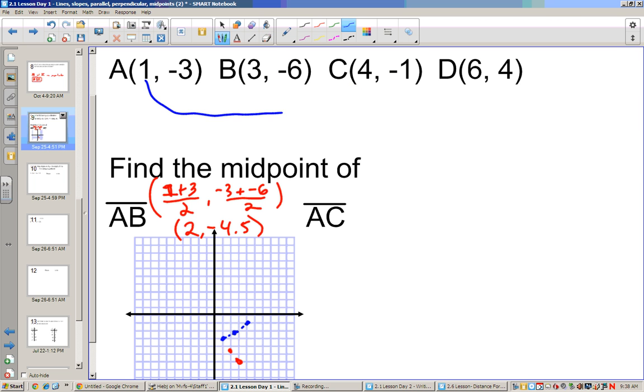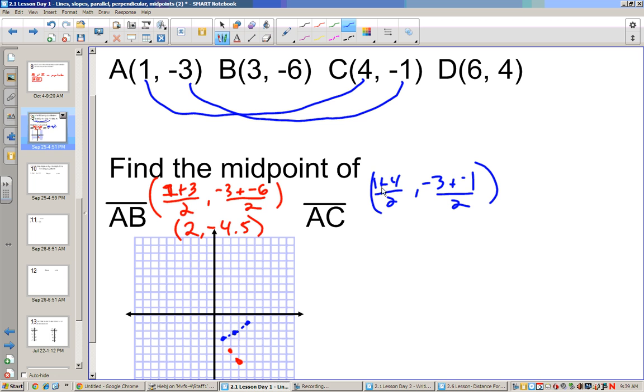I add my x's, the 1 and 4, and then I divide by 2. I add my y's, negative 3 plus negative 1, and then I divide by 2. Well, this is going to be 5 over 2, which is 2.5. This is going to be negative 4 over 2, which is negative 2. Now, does that look like I go 2.5 to the right and 2 down? Yeah, that looks like the point in the middle. So that's pretty reasonable.